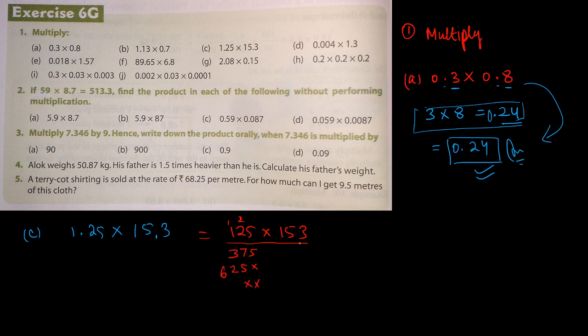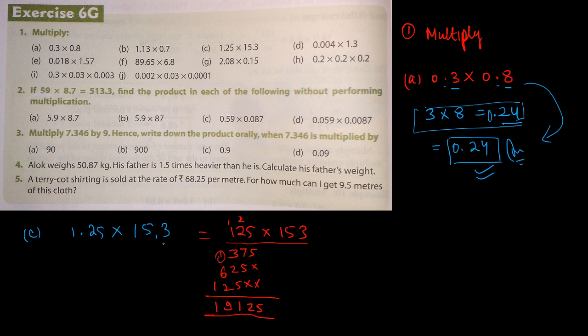Now when you multiply 125 by 1, you will get 125. So add these numbers: 5, 7 plus 5 is 12, so 2, 1 carry, and 5 plus 2, 7, 7 plus 3, 10 plus 1, 11. 1 carry, 6 plus 2, 8 plus 1, 9 and 1.